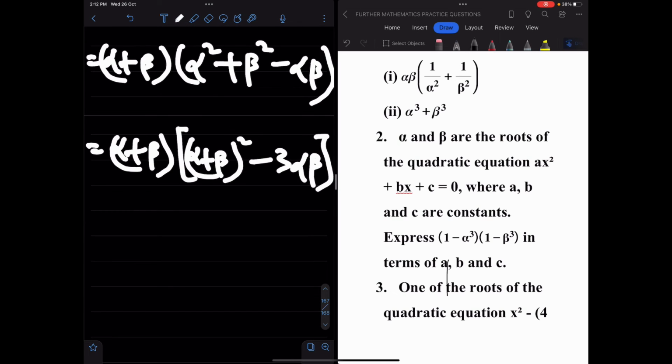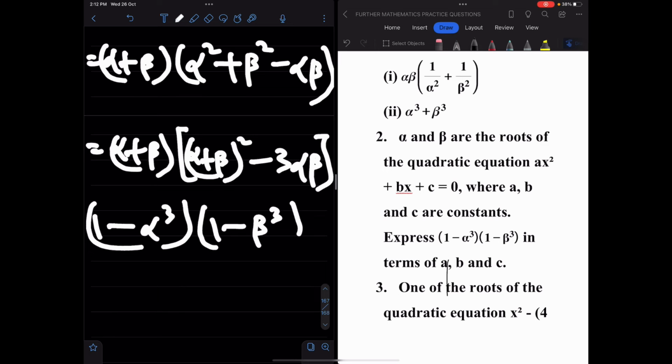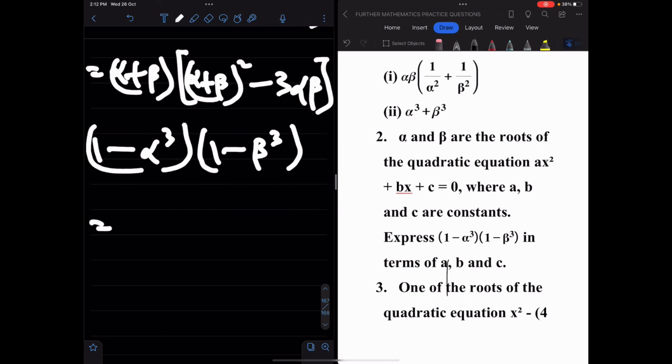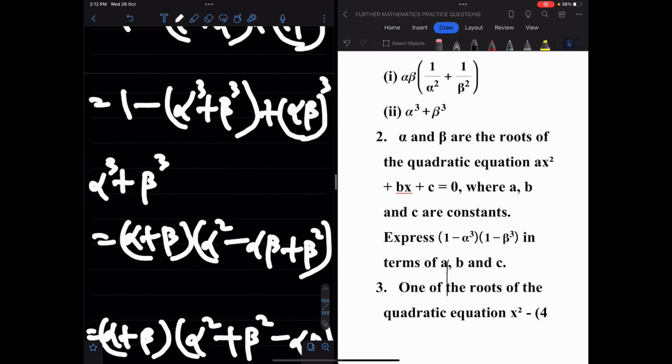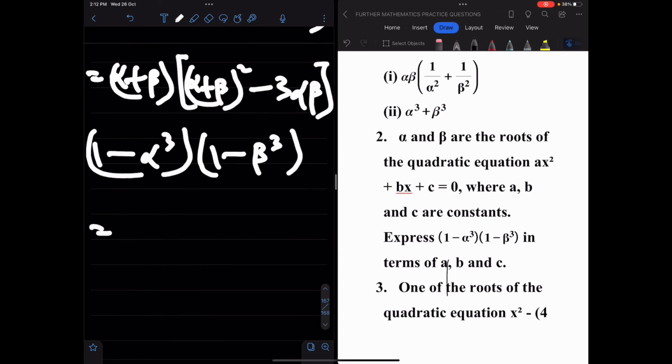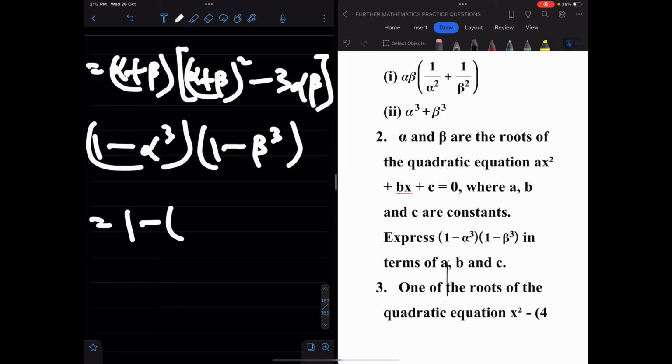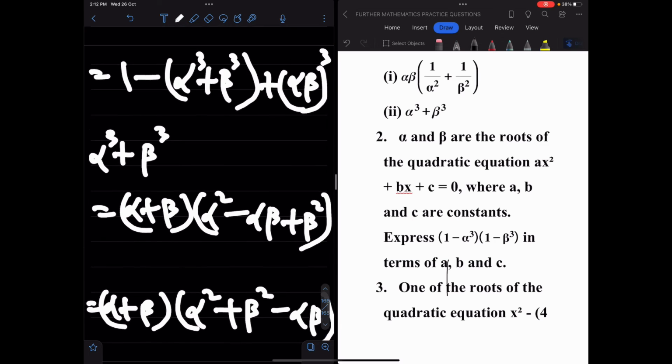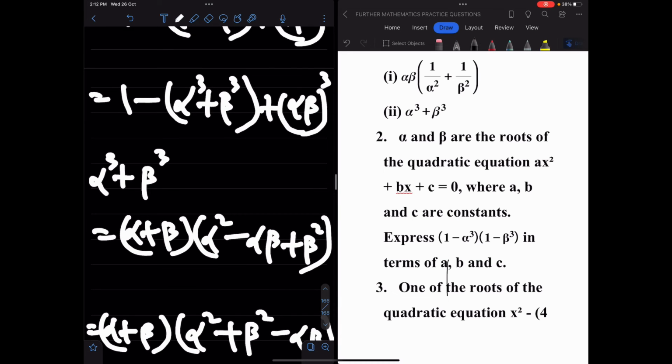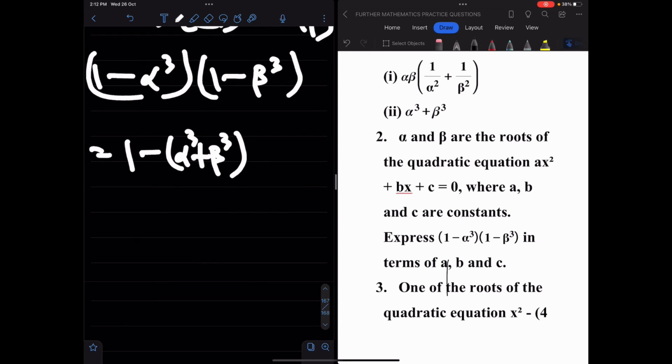That simply means 1 minus alpha cubed times 1 minus beta cubed, which is the same as 1 minus open bracket alpha cubed plus beta cubed plus the cube of alpha beta.